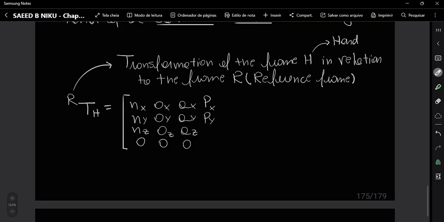Okay, px, py, pz, 1, sorry. And now the values of the coordinates.